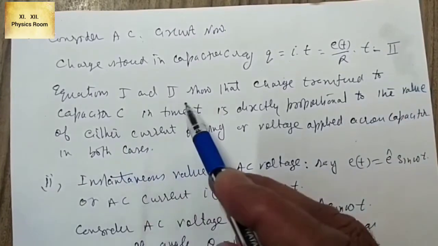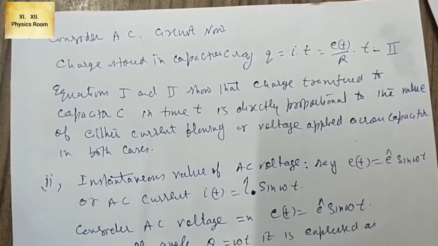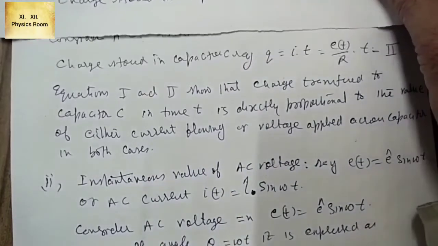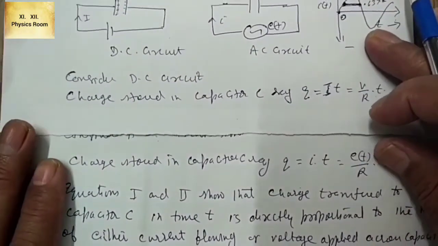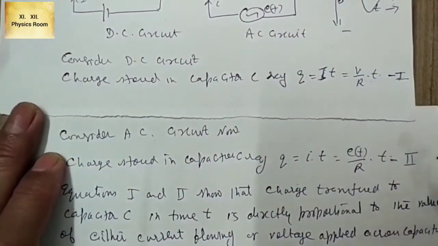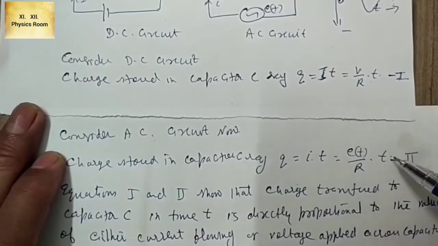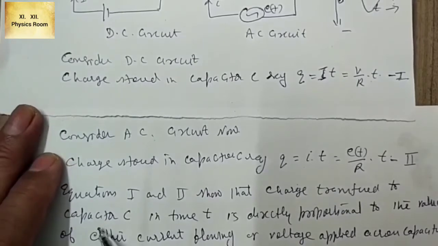Now if you look at equations 1 and 2, we see that the charge transferred to capacitor C in time t is directly proportional to the value of either current flowing or voltage applied across the capacitor in both cases.